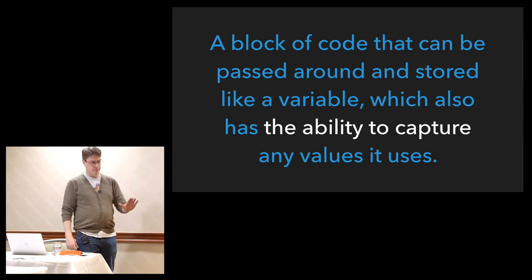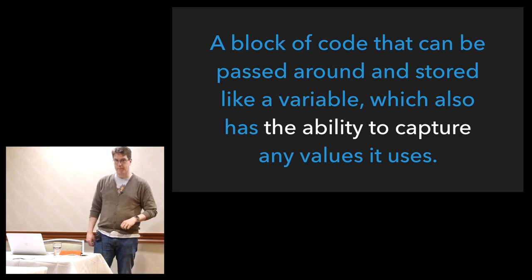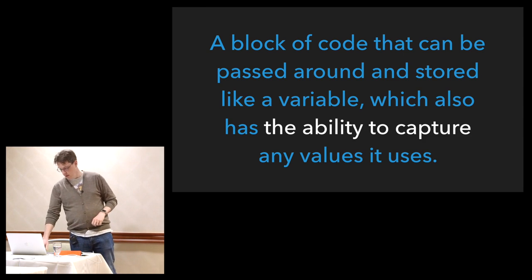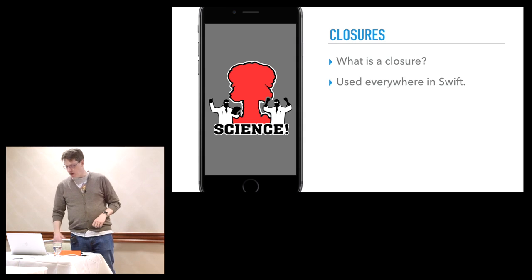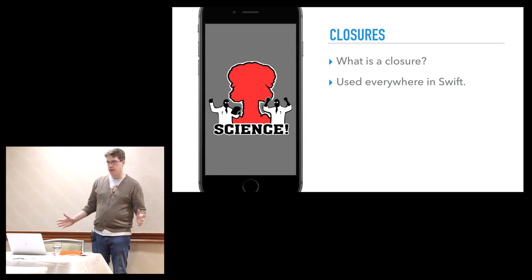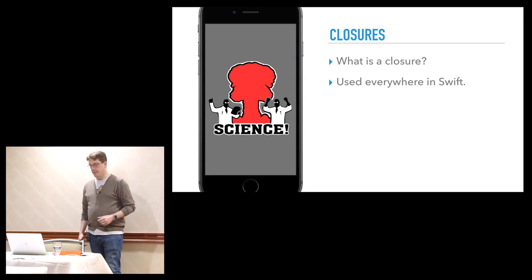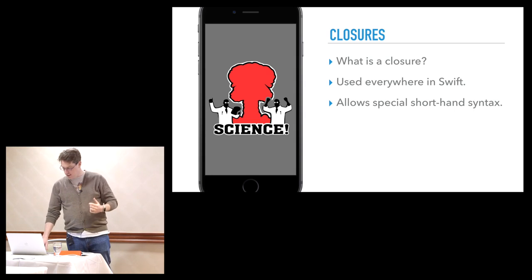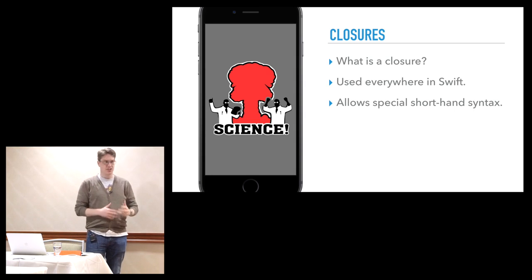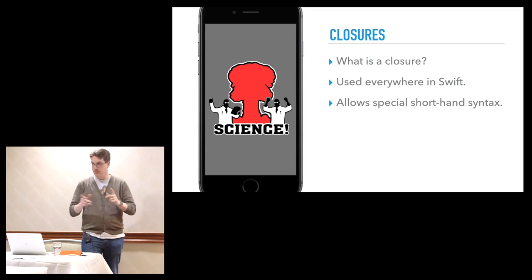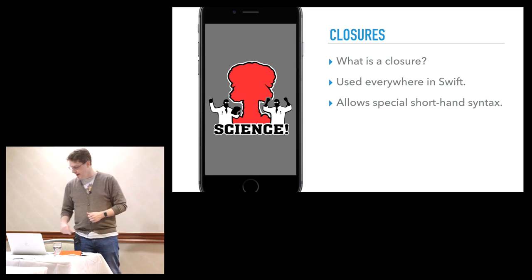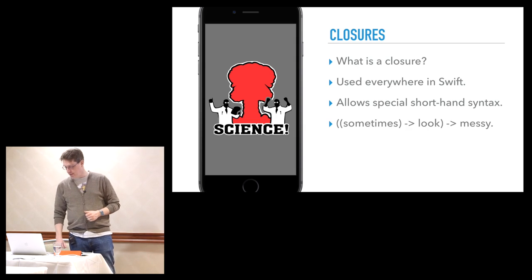We'll come back to it shortly. Capturing, what does it really mean? And I said they are used everywhere in Swift. They're really endemic. They're popular, which is great. And they also have the special shorthand syntax, which we've seen briefly already, all $0, $1 stuff. Plus, they have a good habit of looking totally messy.